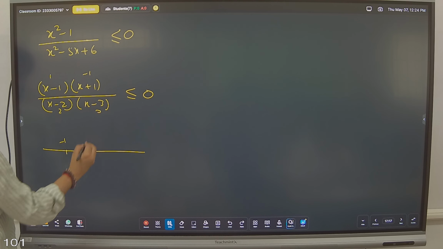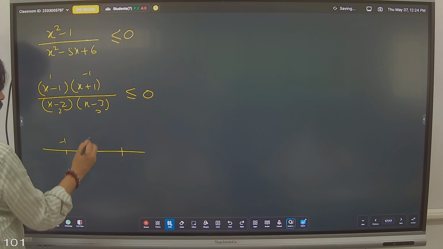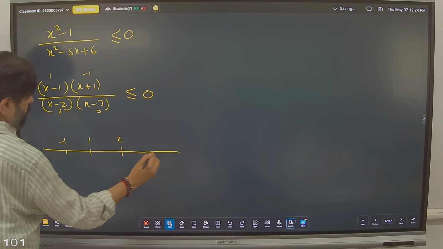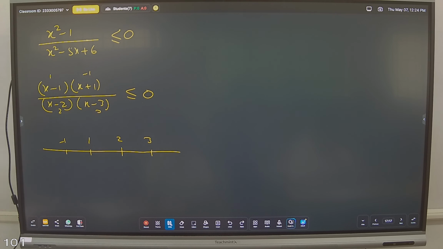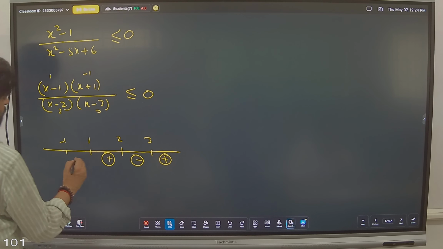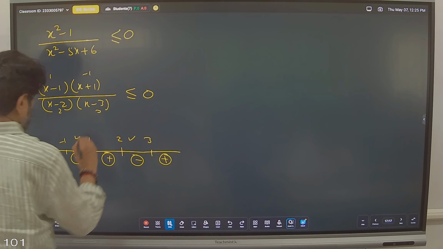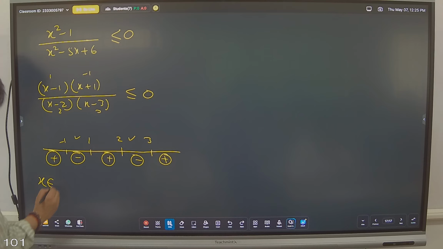The critical points are minus 1, 1, 2, and 3. Is this clear? After the largest, positive sign, and then alternate signs. Less than or equal to 0 means negative. So x belongs to minus 1 to 1.